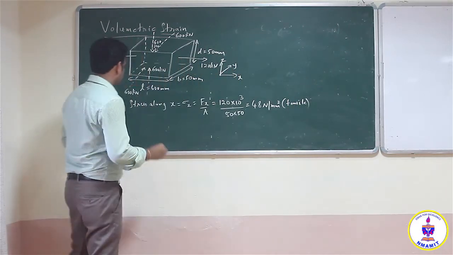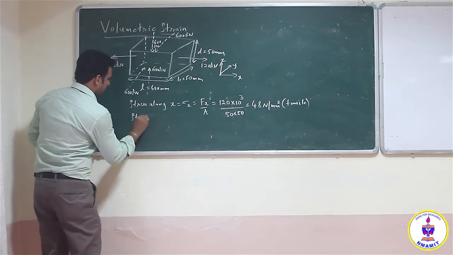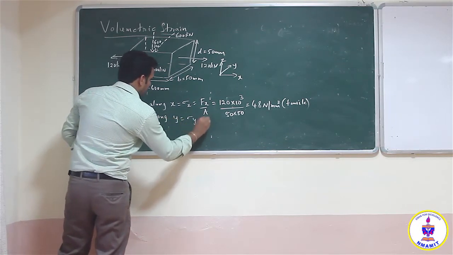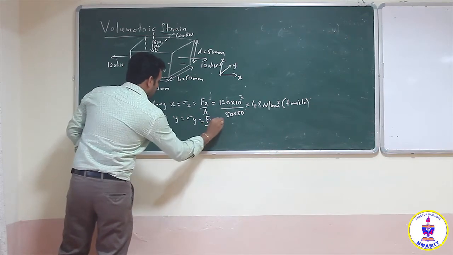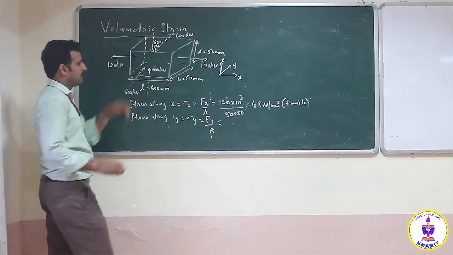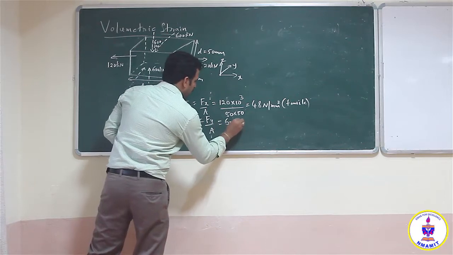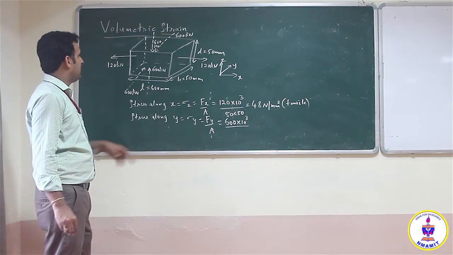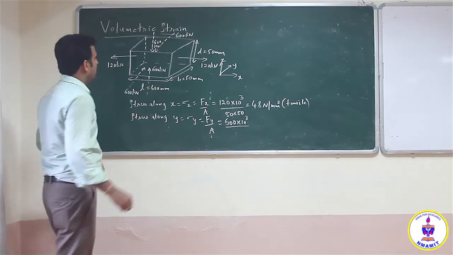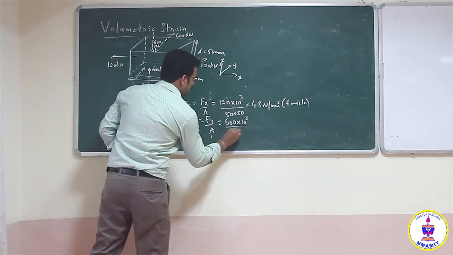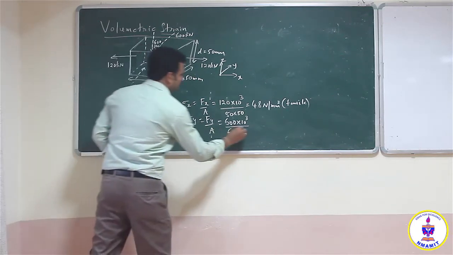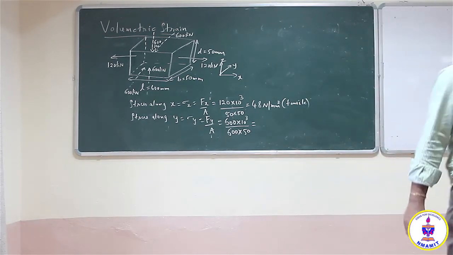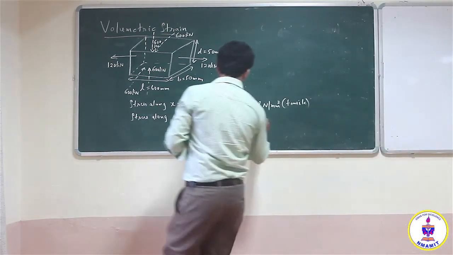Now stress along Y, sigma Y, force along Y axis is 600 into 10 power 3 divided by cross sectional area, it is 600 into 50, which is approximately equal to 20 Newton per millimeter square.